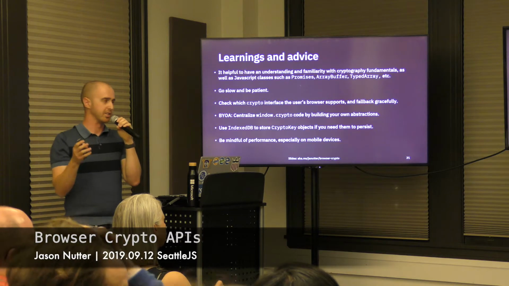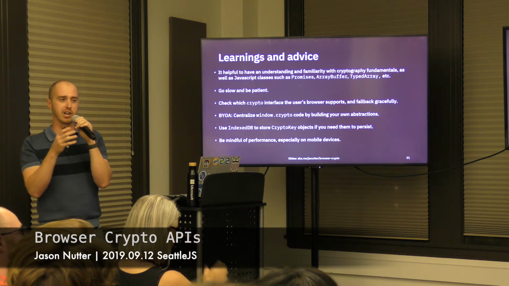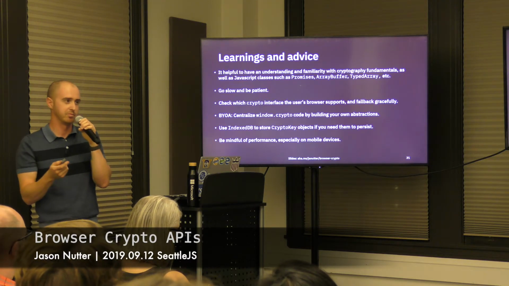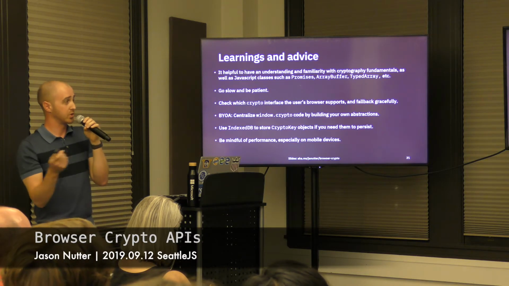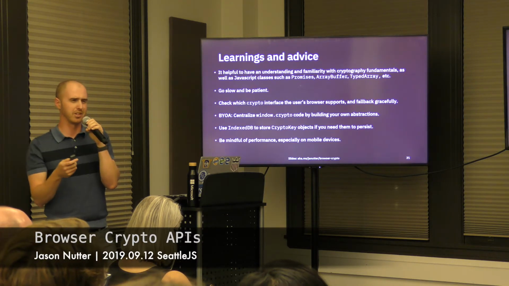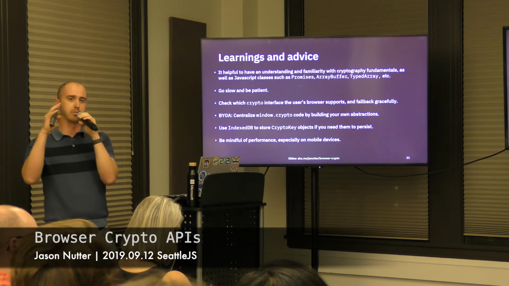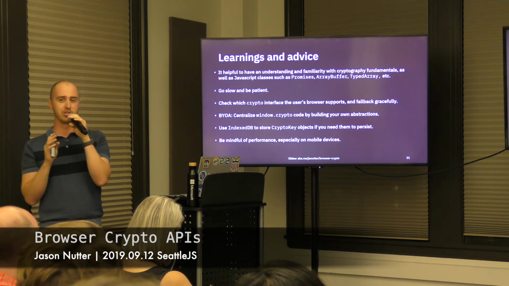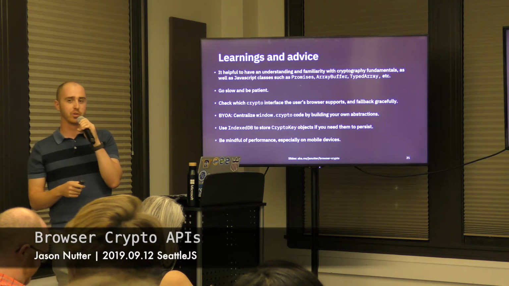And all these things tend to be pretty opaque, right? You see an encrypted value that you've console logged and it looks okay. You don't know until you actually try it whether or not it's right. So on that note, go slow and be patient. If you go to the MDN page, there's a big box with a warning on it that's basically like, if you're not sure if you should be using these APIs, you probably shouldn't be.